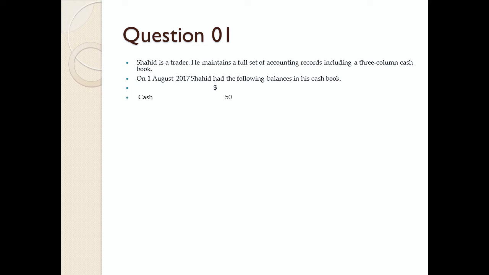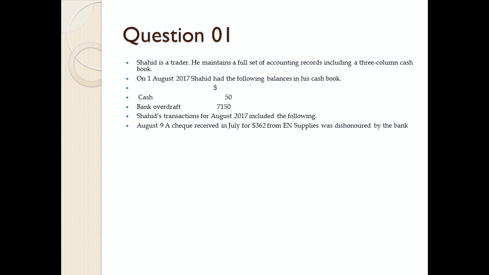In the beginning, you have $50 cash balance, and definitely it goes on your debit side, and on the credit side, your bank overdraft 7,150. These are the transactions made by Shahid, and you have to record them. On 9 August, a check received in July for 362 from EN suppliers was dishonored by the bank.